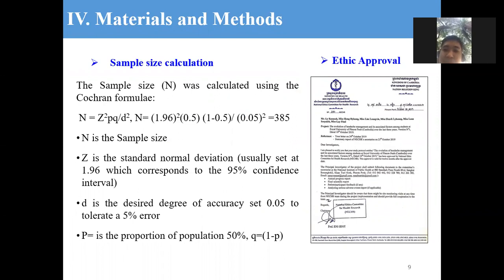For our research, we also got ethics approval from the Ministry of Health.